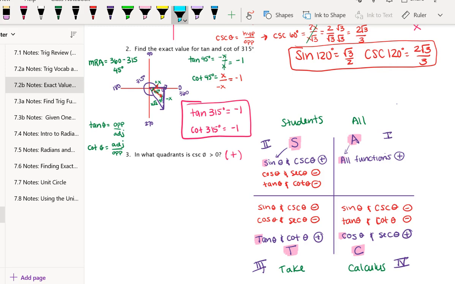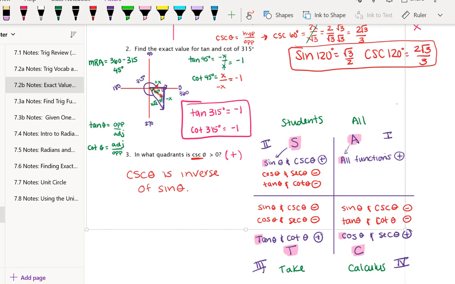So if I look at cosecant, cosecant is greater than 0 or positive. Cosecant theta is the inverse of sine theta.